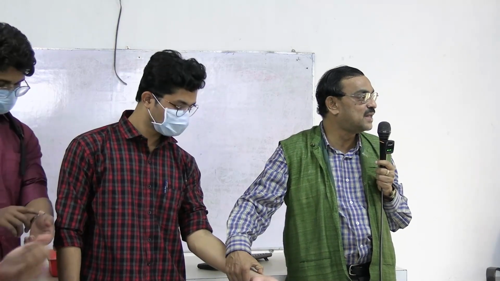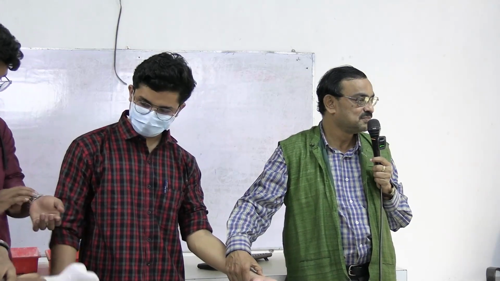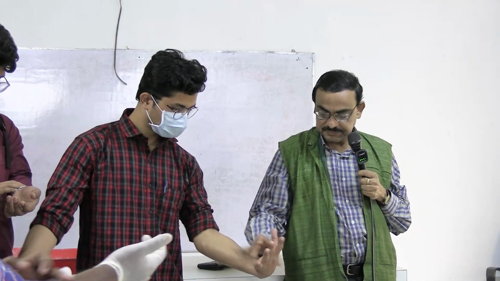radial artery in the forearm. The first point is already made by you. At the next point, we can feel the radial pulse. How can we get it? We have to flex it.